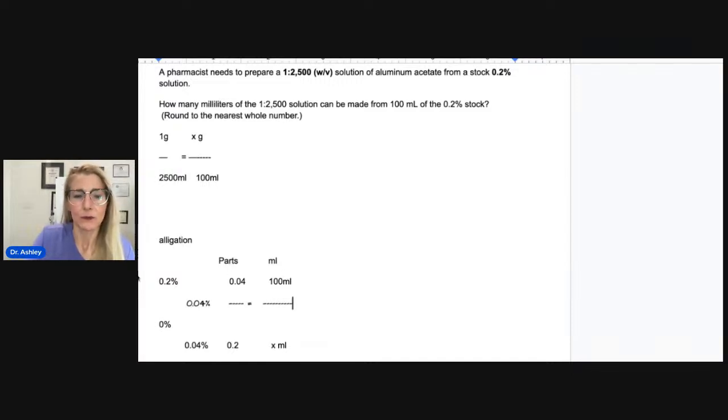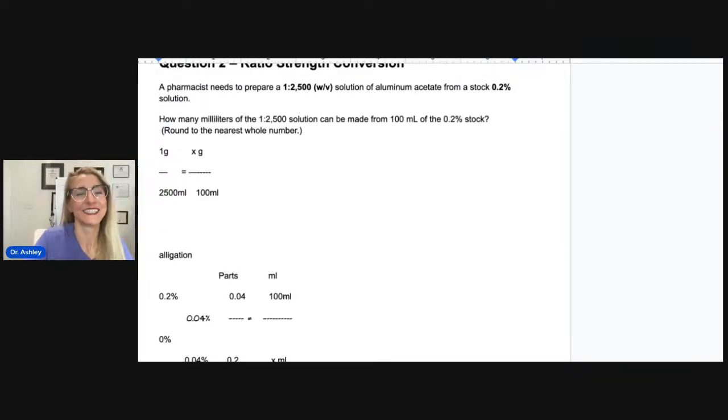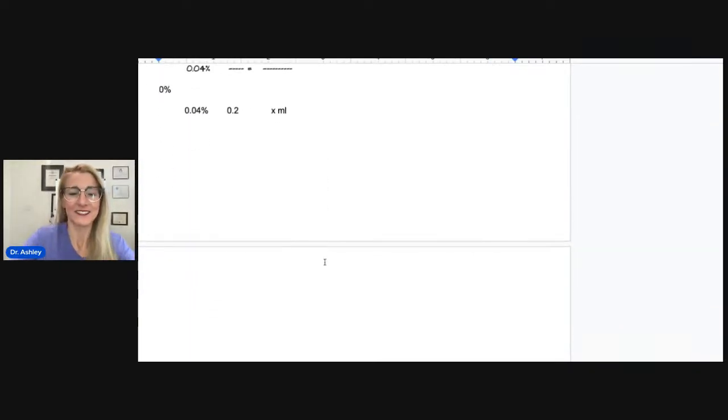I see 0.2 times 100 equals 0.04 times X. Perfect. So then you can divide out your 0.04. Very good. Now what do we get? Well, I sure hope we get the right answer. Yes! 500 mLs. 500 mLs equals V2.